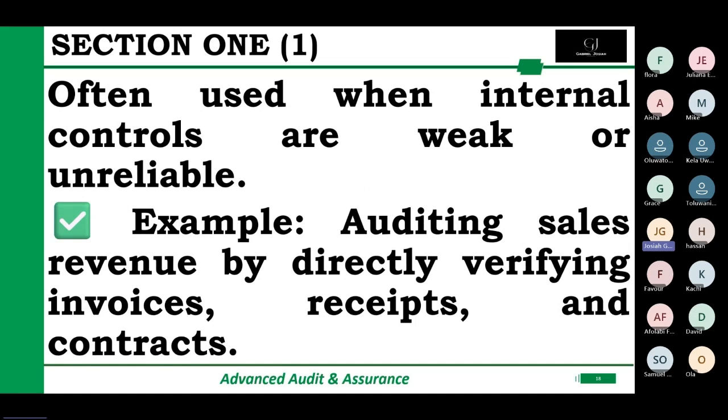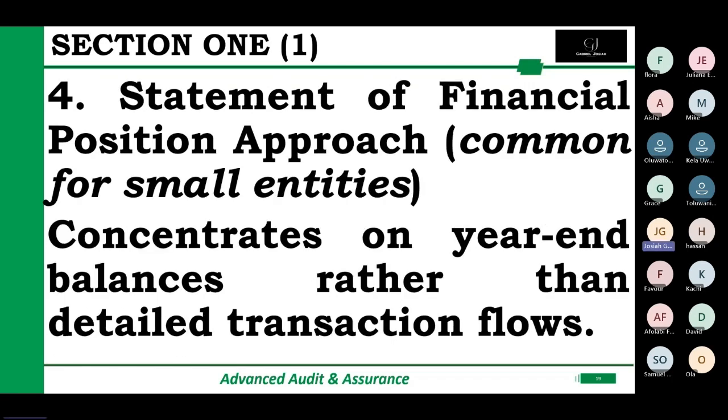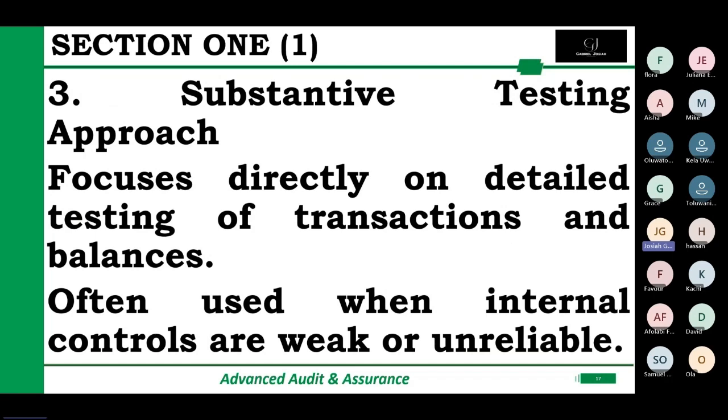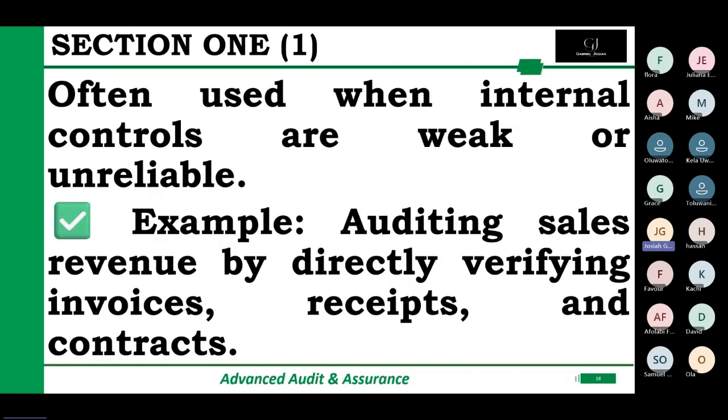An example is auditing sales revenue by directly verifying the invoices. If revenue was recognized based on credit or cash, you check the invoices, the receipts, and the contracts to ensure it aligns with IFRS 15. And that speaks to the substantive testing approach.